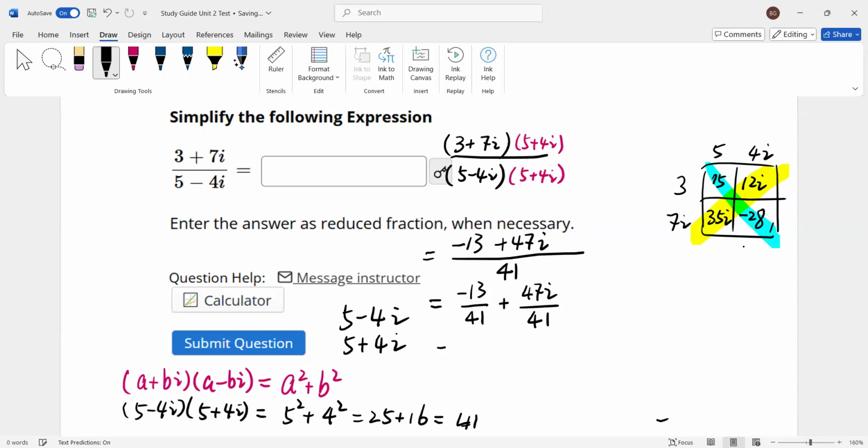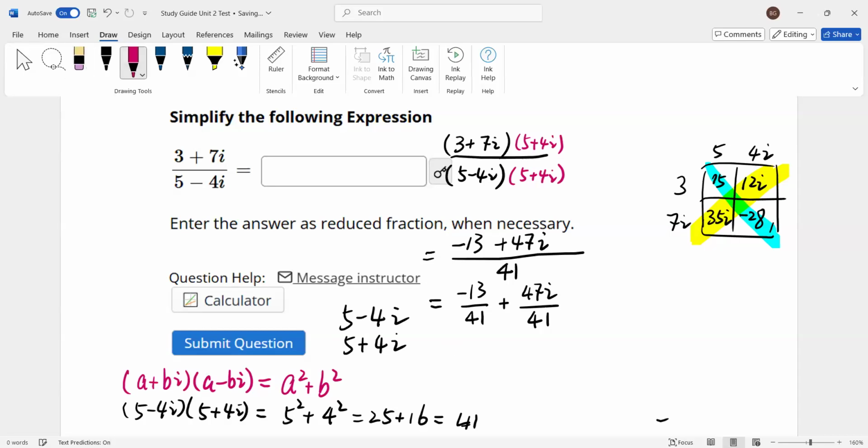And then we can see if we can simplify. 13 and 41. I think 41 is prime as well. I don't think 13 over 41 is reducible. Oh, no, it's not reducible. So it's already simplified. 47 over 41 is also already simplified.